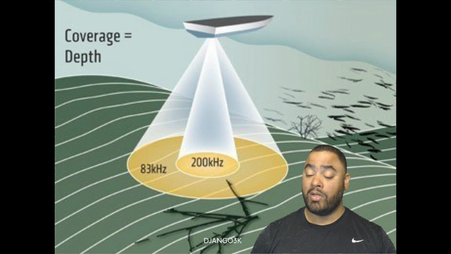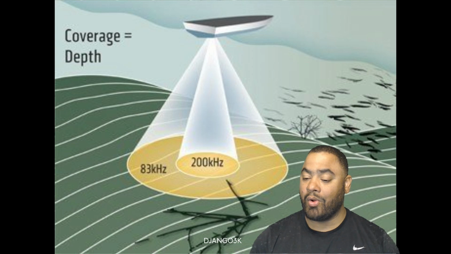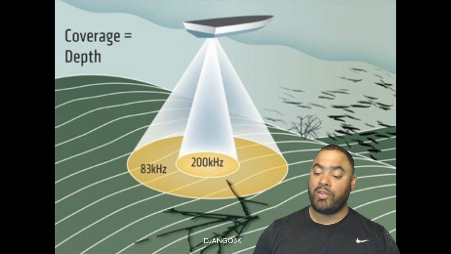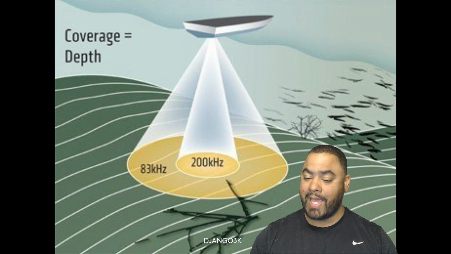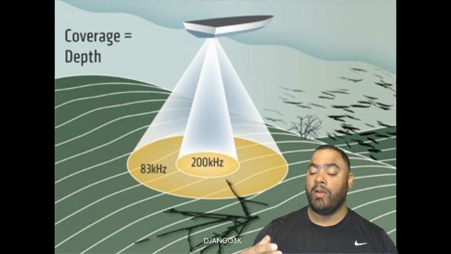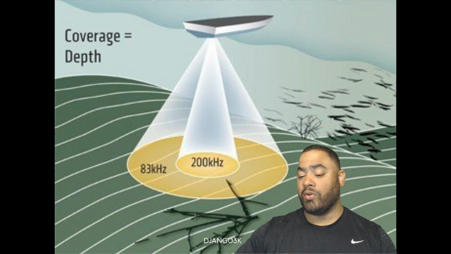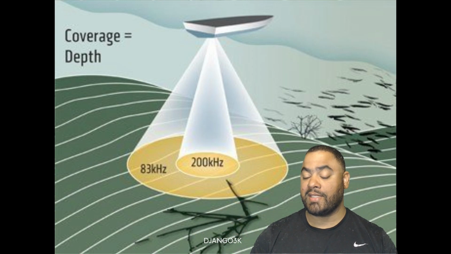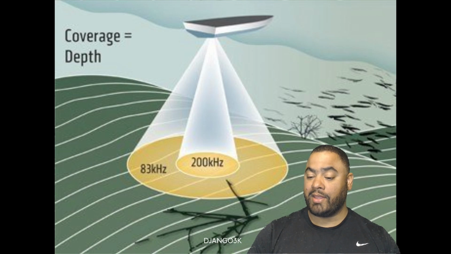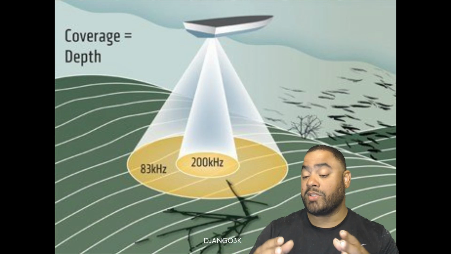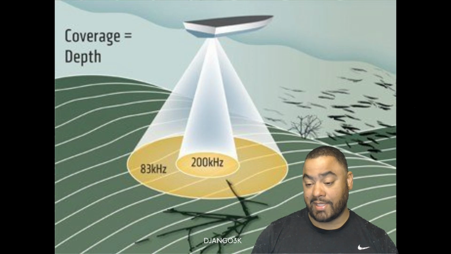In shallow water, or when you want to see something with more clarity, you're going to want a faster signal. Say you're passing over structure in deep water where you see it on the graph but can't really make it out. In that case you'll want to go to a faster pinging signal, whereas the 83 gives you a broader signal, 200 kilohertz gives you a more detailed representation of what's under your boat, if that makes any sense.